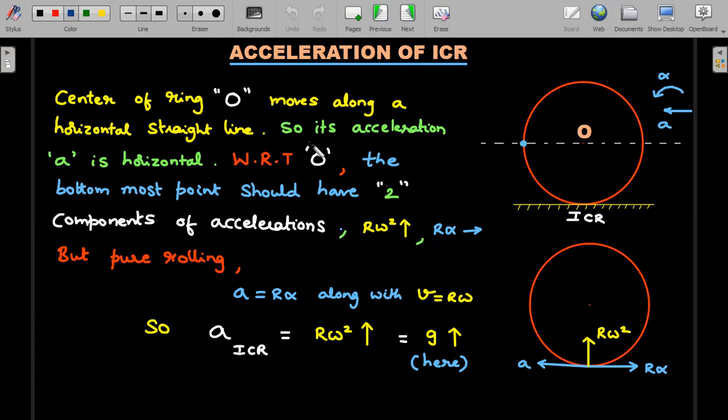The point from which you are observing is O. Imagine I observe the bottommost material point of contact, and there is an alpha and an A associated with this system, where A is of the center of the ring, not the center of mass. Then with respect to O, the bottommost point, the ICR, should feel like it is in circular motion.